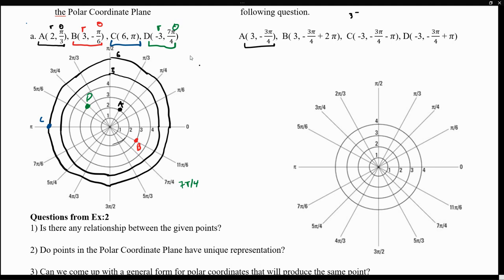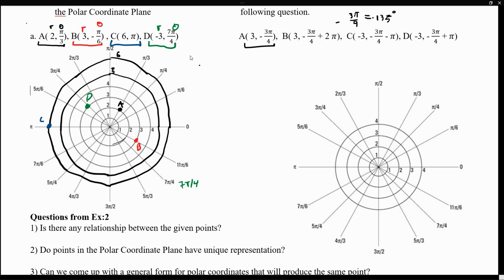Well, 3 pi over 4 is 90 plus 45, which is 135. So negative 3 pi over 4 is negative 135. Instead of counting 135 degrees in the positive direction, I'm going to count them in the negative direction. So that's 90 plus 45.